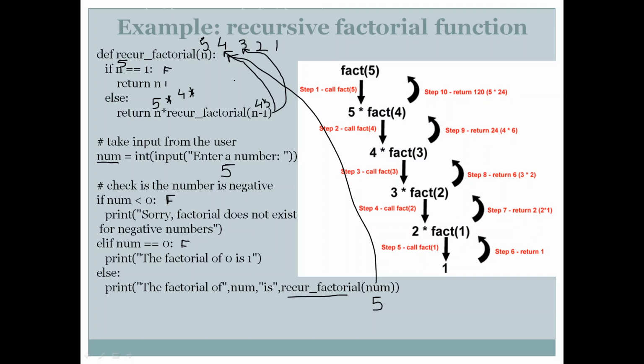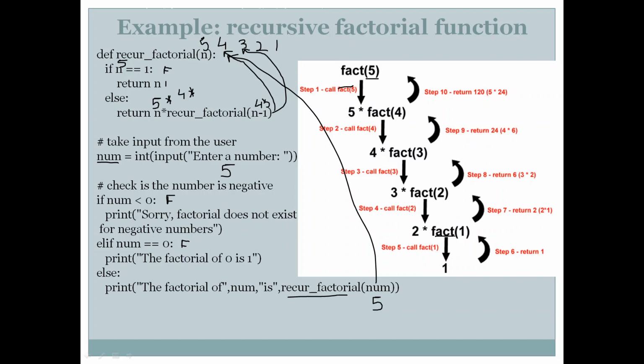To understand this in a better way, we have a diagram here. Now look at the diagram. First time we have called the recursive factorial function by passing value 5. Then, as I have said, the condition is not satisfied, so it falls to return 5 into fact of 4. Again it will go on calling 4 into fact of 3, then 3 into fact of 2, then 2 into fact of 1.